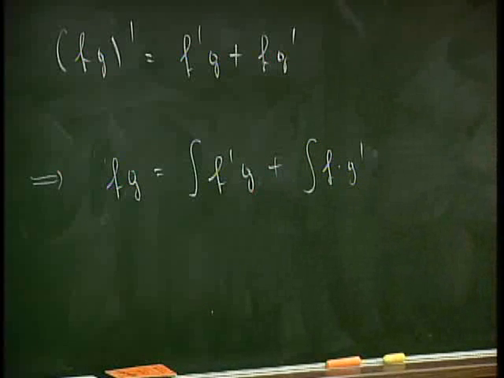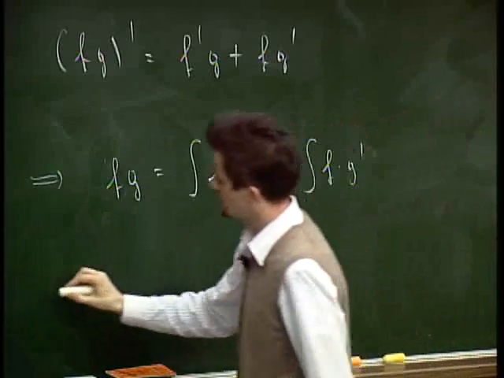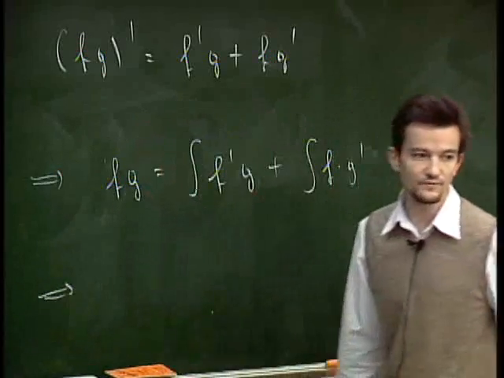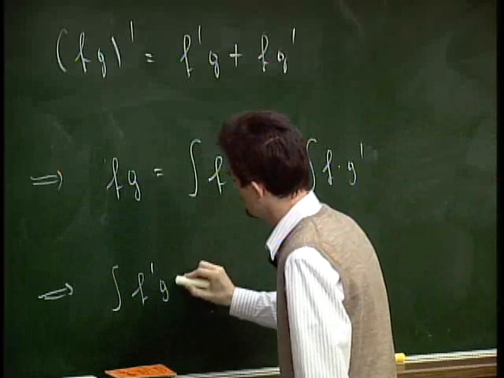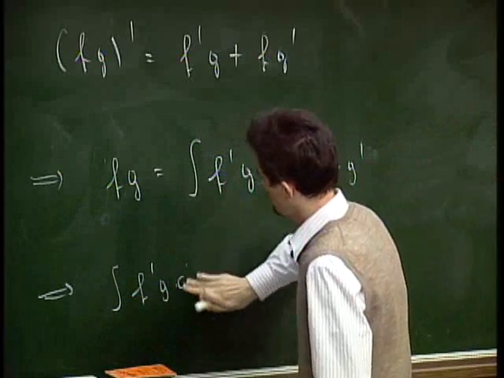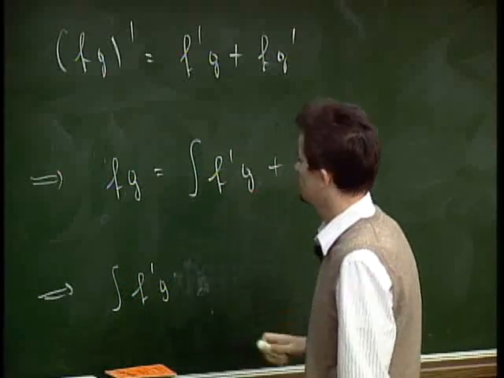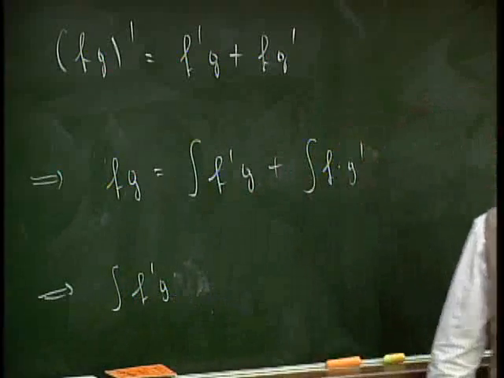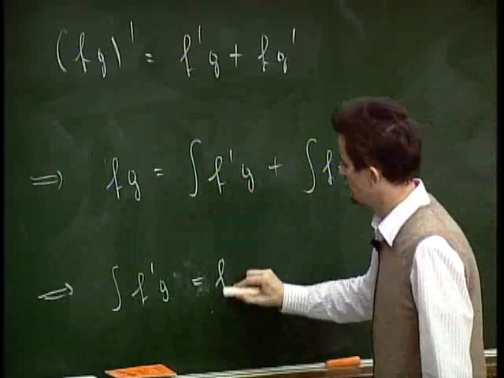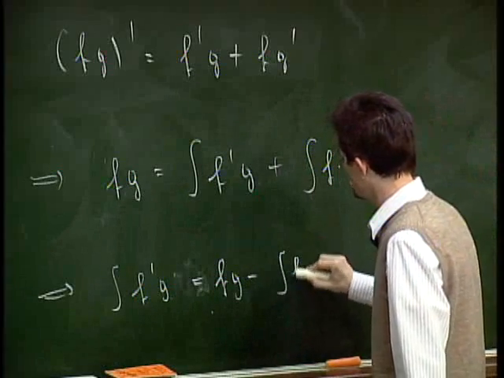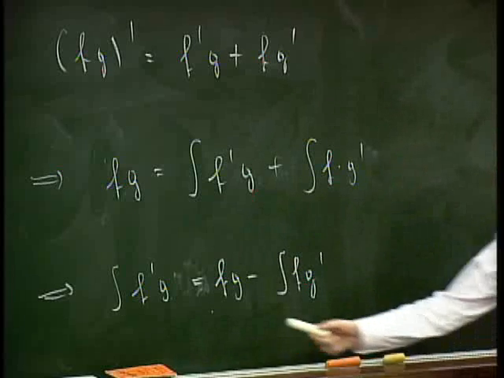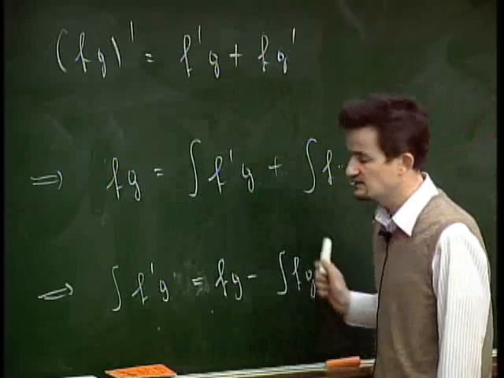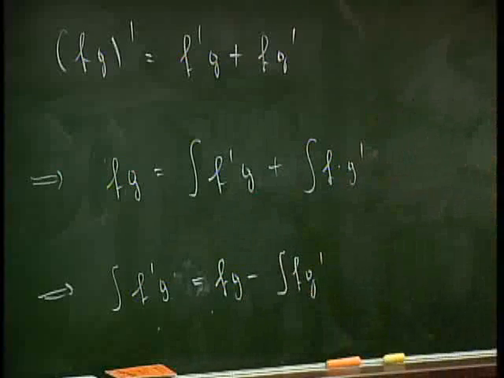Okay, and you see this actually doesn't give you a formula which looks very helpful because, for instance, you can write it like this here. So whenever you have a product and you want to compute the integral, you see it's equal to f times g minus the integral of f times the derivative of g. Now the unpleasant thing is that actually you want to solve this, but here the answer still has an integral.